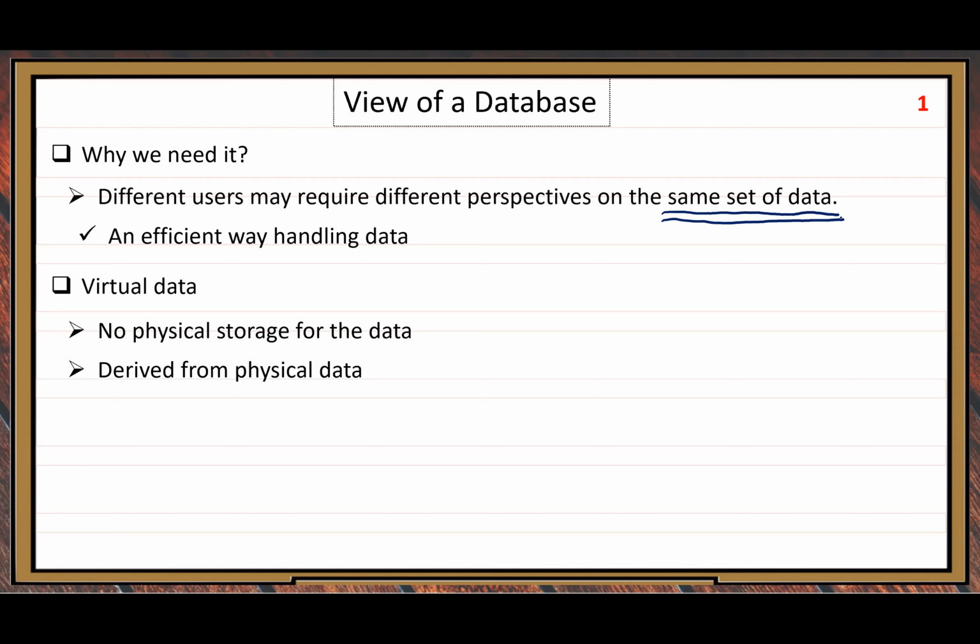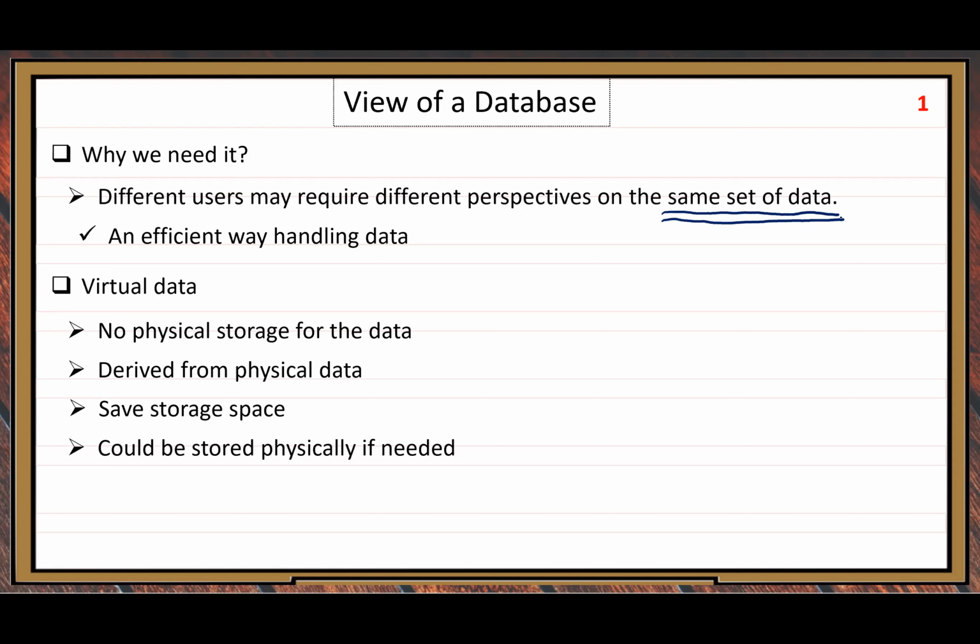So when you change the physical data, your view data will change immediately. Derived data. Save storage space, that's the immediate benefit.